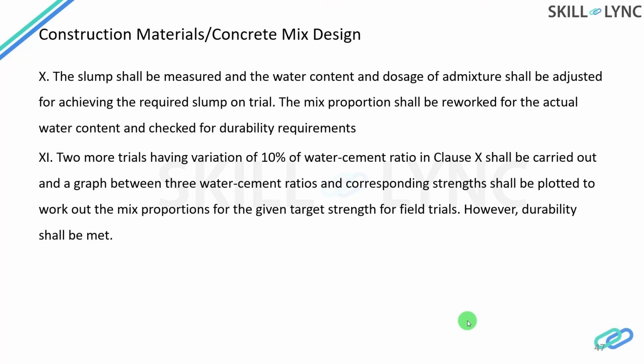And one more thing is 2 or more trials of variation of 10% water cement ratio should be carried out, and their values should be plotted as per the graph we have seen in the calculation of water cement ratio for the given target strength of the concrete. So, the final aim is that the durability of the concrete should be met. We should not compromise on the durability.